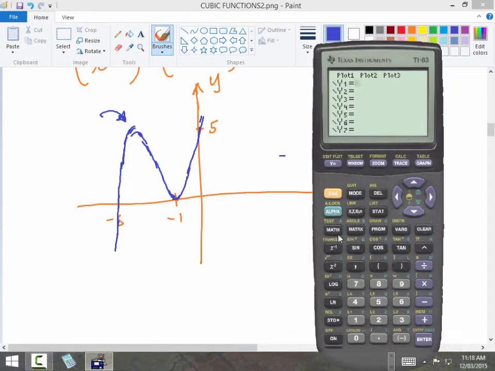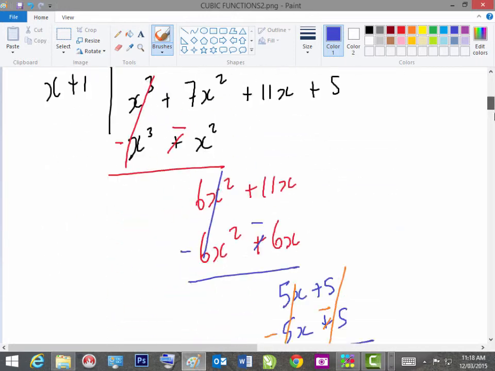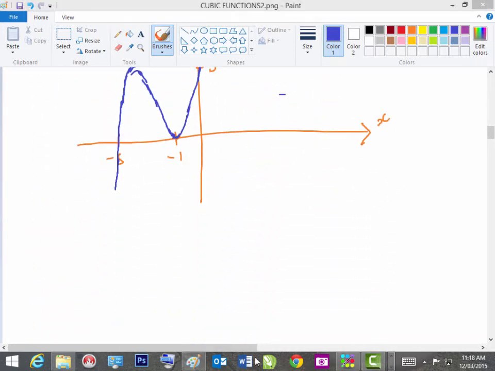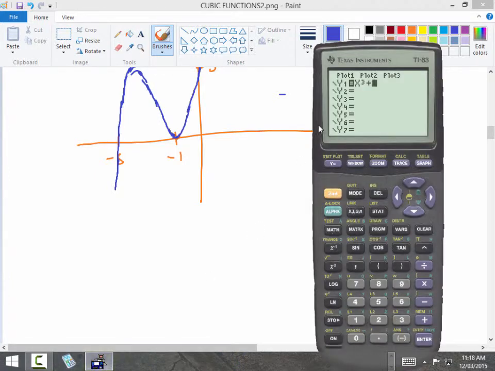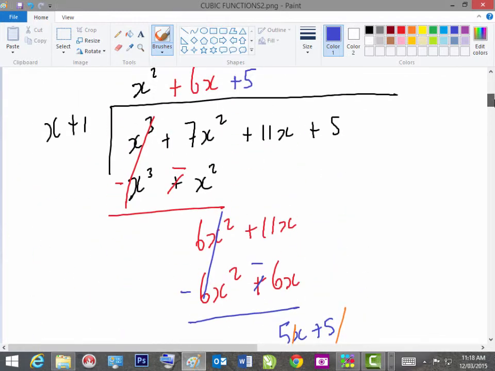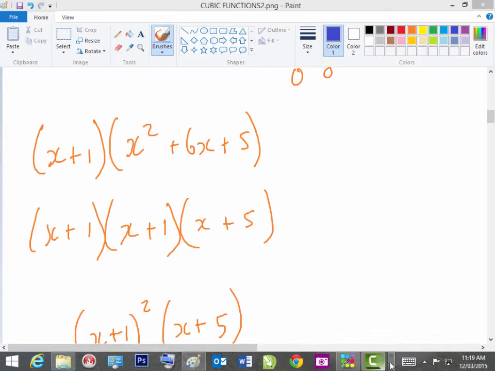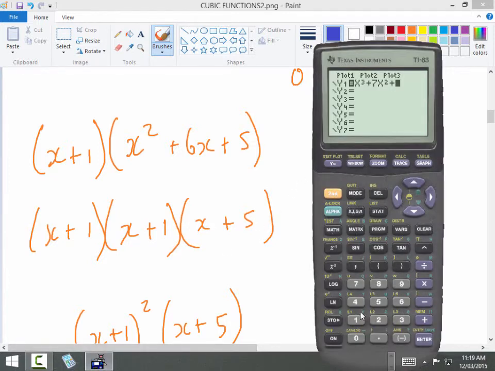Our graph is x cubed plus 7x squared plus 11x plus 5, and we can zoom standard to draw a graph.